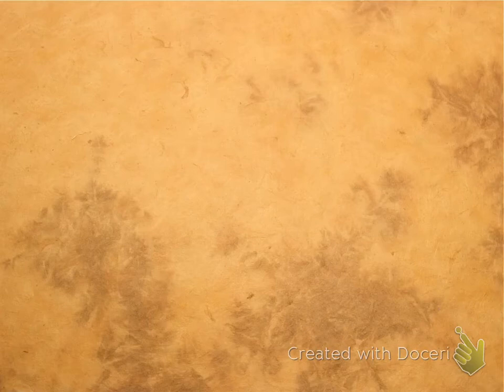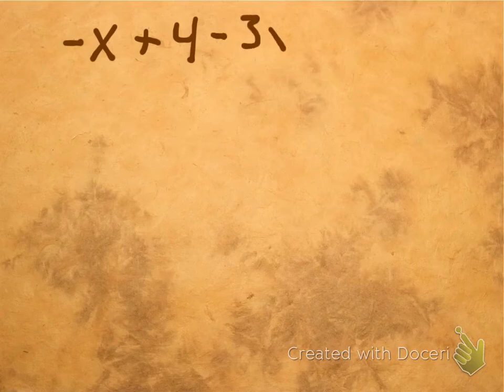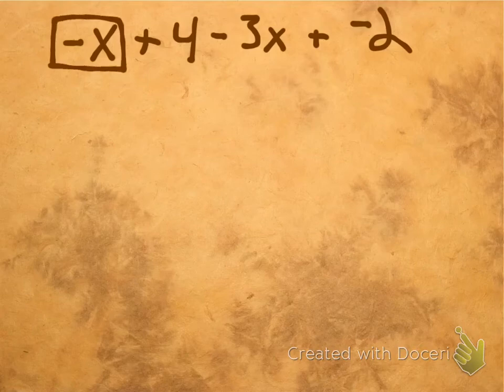Let's do one that's a little bit more difficult. Let's say we have negative x plus 4 minus 3x plus a negative 2. So first thing we want to do is redraw it using shapes. The first thing we have is a negative x.